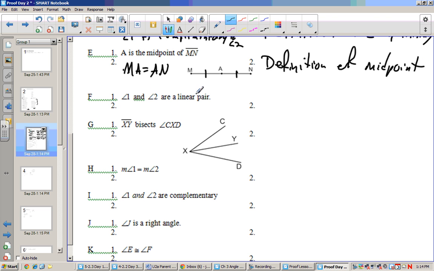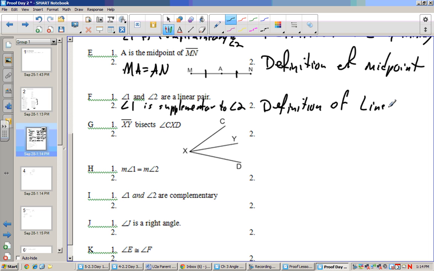Now, if we know those two are a linear pair, then we could say that angle 1 is supplementary to angle 2, and that's the definition of linear pair. And this one could also be the linear pair theorem as well.